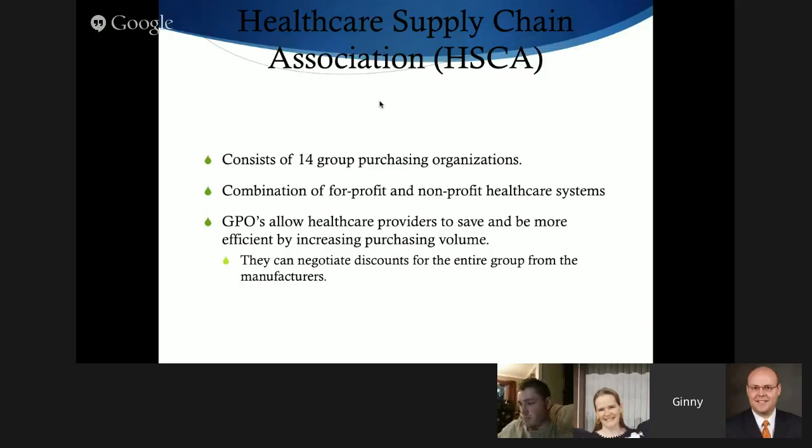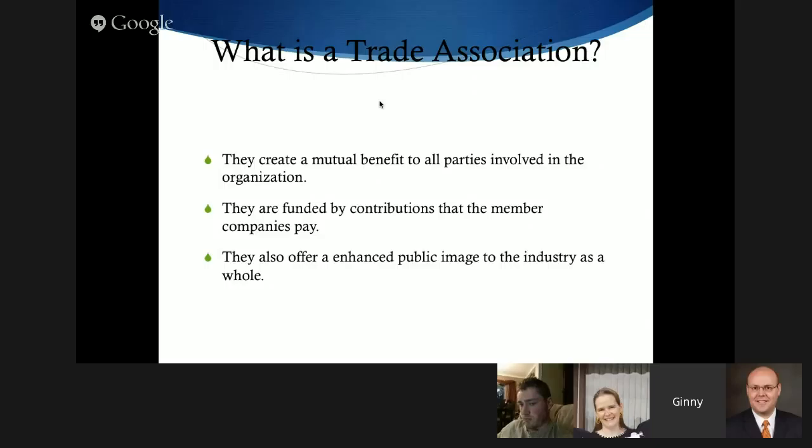I think it may have been your next slide. Yeah, you're talking about trade associations in general, but your very last bullet, they also offer an enhanced public image to the industry as a whole. That's a good characteristic not just of a trade association, but of an advocacy group. Think of the other advocacy groups we've talked about in the course, the AHA, the American Hospital Association, the FAH, the Federation of American Hospitals.